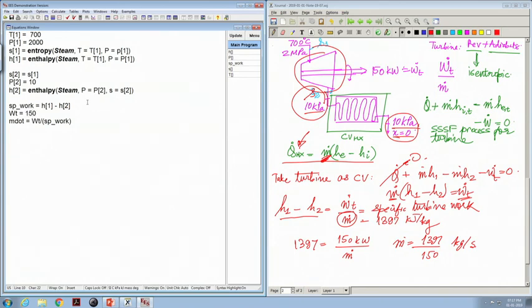Okay, so this is what we have, and then the heat transfer from the heat exchanger is essentially the mass flux multiplied by H3 minus H2, where H3 is the enthalpy of steam at P equal to P2, x equal to 0.